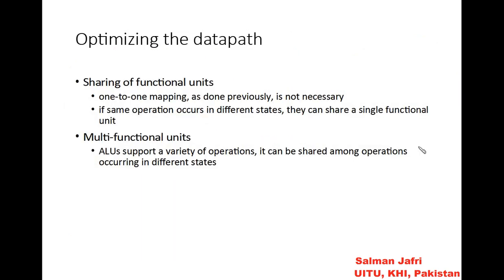Now let's look at how we can optimize the data path. The data path can be optimized by sharing of functional units. Previously we had one-to-one mapping, remember? We had two subtractors to carry out x minus y and y minus x. But this may not be necessary.